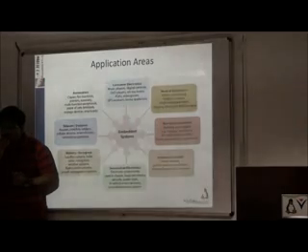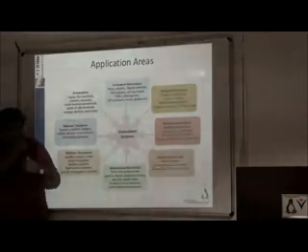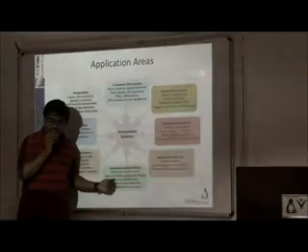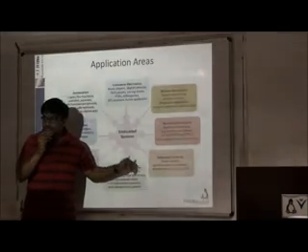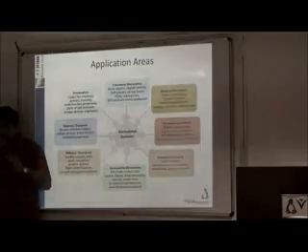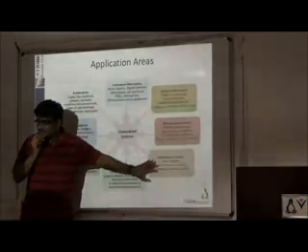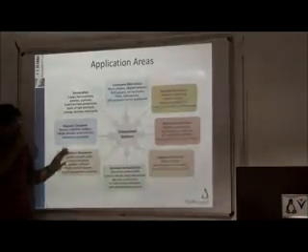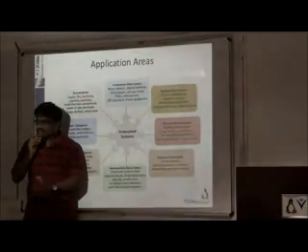As a developer, step one is we need to know what our target area is. What's most important is that when you want to pursue a career in embedded, each of these areas requires a different set of skills. That's usually missed.